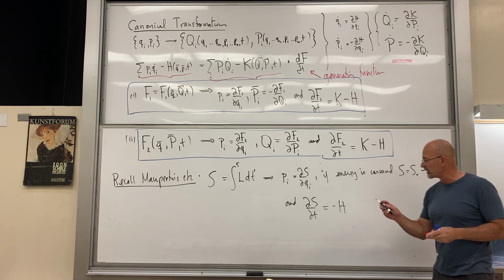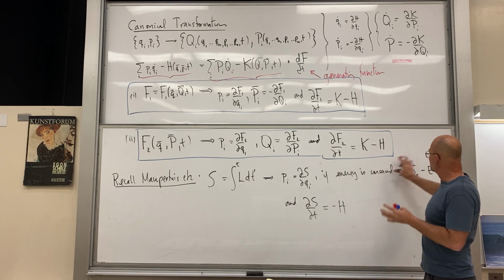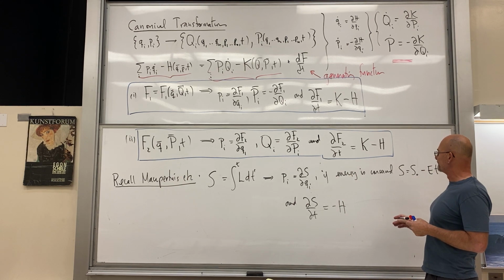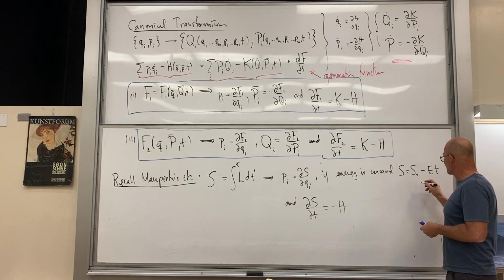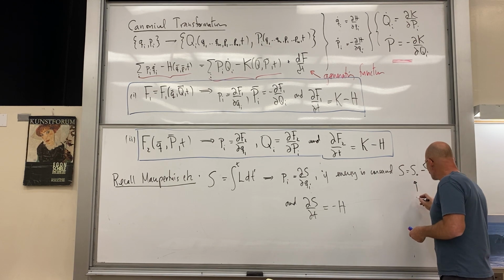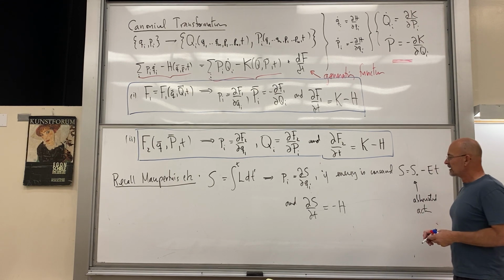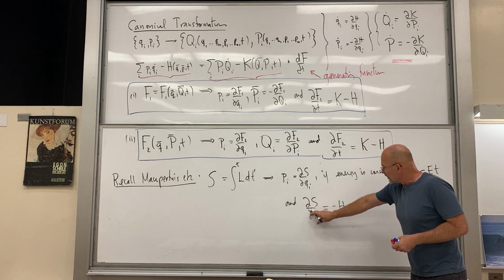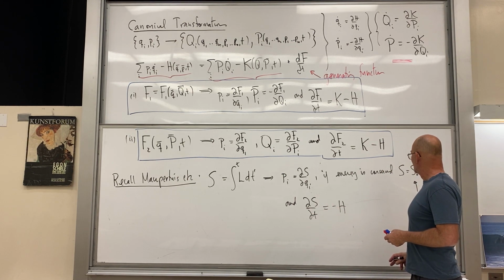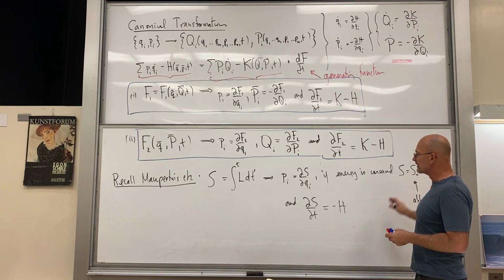Actually, let me say a little more about this. So these are all the developments we've had. This was the abbreviated action. This was the Hamilton-Jacobi equation.